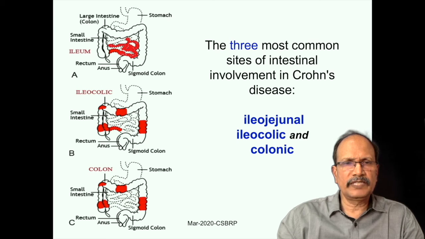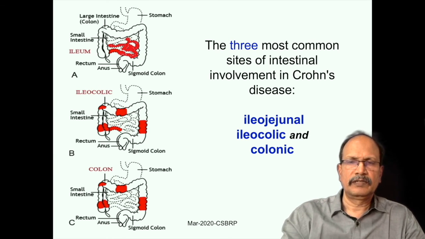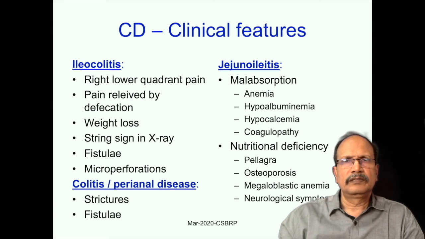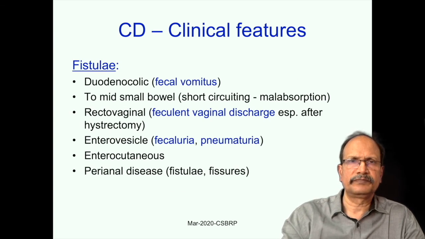And if it is exclusively colonic involvement, the patient may have dysentery type of manifestations. So in Crohn's disease, clinical features depend upon the region that is involved. They may suffer from malabsorption, nutritional deficiency, pain, weight loss, and also strictures and fistulas.